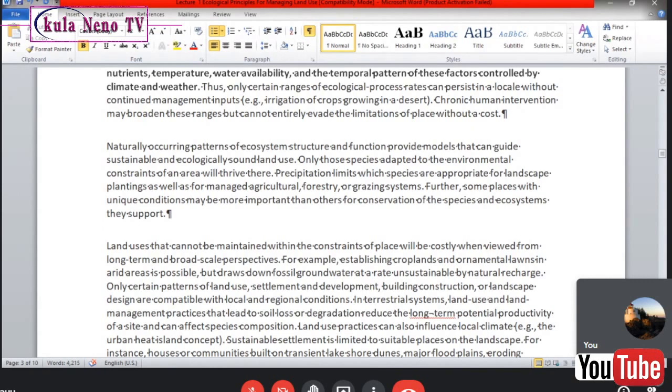And in most cases, adapting to that environment, the climate, the weather, the biotic and abiotic factors, try to put that land into a use that is compatible with what is there.